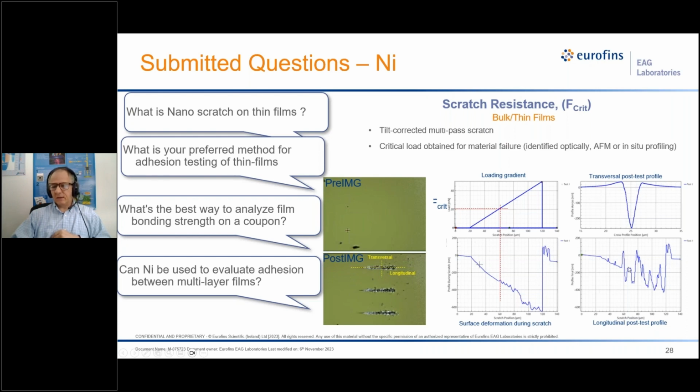So we can get a range of properties such as information about the pile up, which gives us information about the plastic zone and the moment of failure longitudinally, and also where it fails depending on the step size in this profile thereafter.